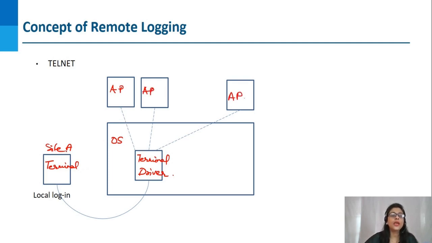So you see, when at site A, the user at the terminal wants to access any of the application programs, it has to send a message to the terminal driver at the operating system. Then the operating system will understand with the help of the keystrokes which application program the user at the terminal of site A wants to access, and accordingly it will be redirected to that particular application program. So this is about local logging.